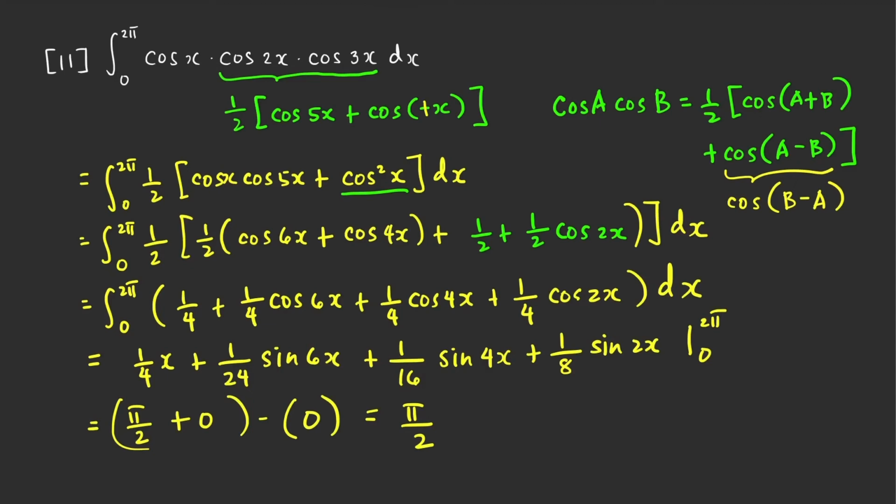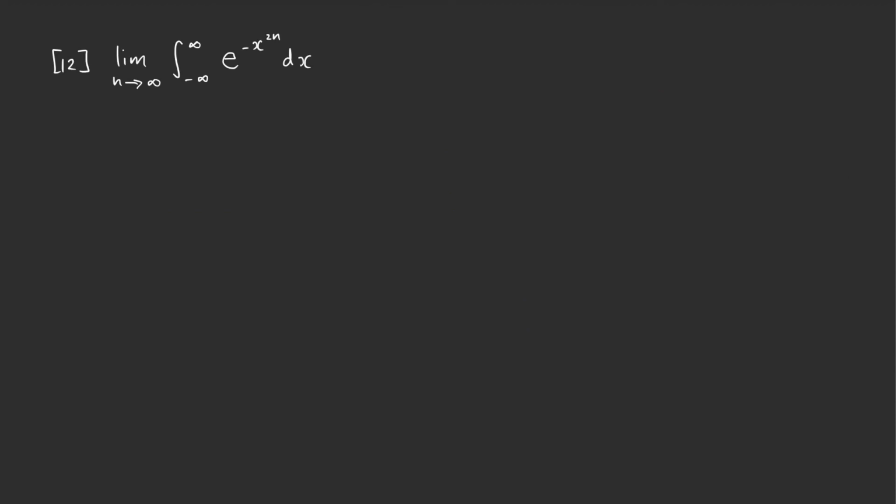Now, let's look at this last problem here. So limit as n goes to infinity of the integral from negative infinity to infinity of e raised to negative x raised to 2n dx. So here, if we look at this integrand, it's an even function. So we may write it down as limit as n goes to infinity of, you have here 2 times integral from 0 to infinity of e raised to negative x raised to 2n dx.